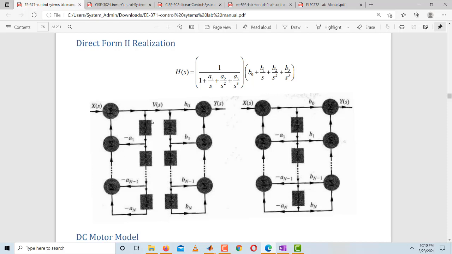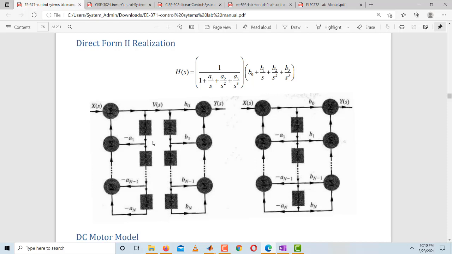And then after implementing 1 over 1 plus the poles formation, we move on to implement b naught plus b1 by s plus b2 by s square. After observing it a bit, I'm sorry for the dark image that it has, but these are 1 by s blocks.